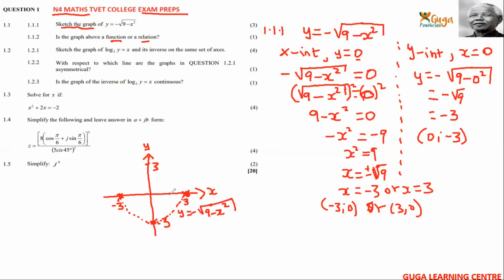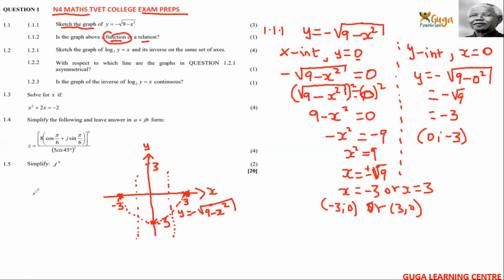We've got sort of a one-to-many function, okay? So if you take a vertical line test, right? A vertical line test, it will cut the graph once. Then we'll say we have got a function.